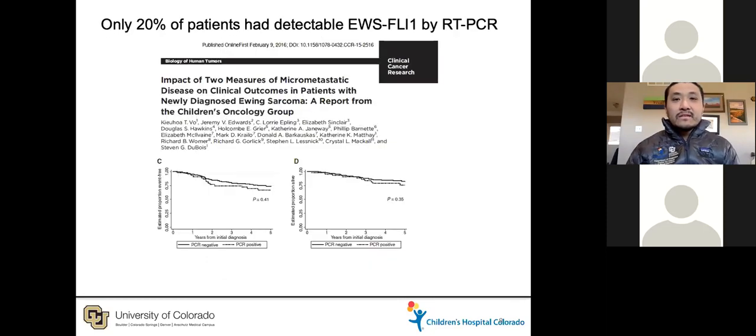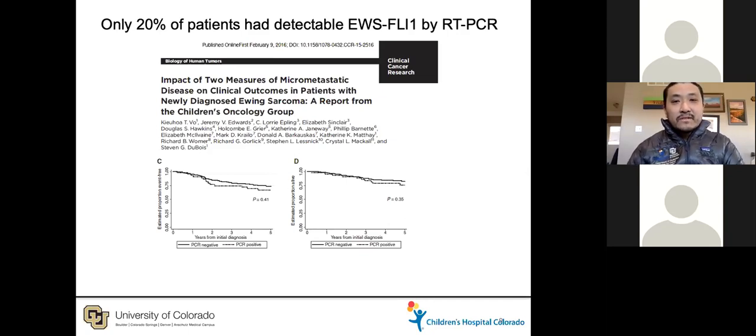Taking this kind of success, there was a large study by COG done in the 2000s, where they used flow cytometry to detect circulating tumor cells, and also RT-PCR to detect the EWS-FLI1 transcript.